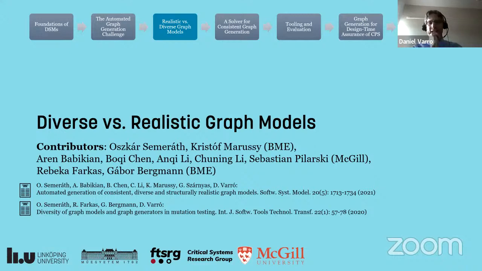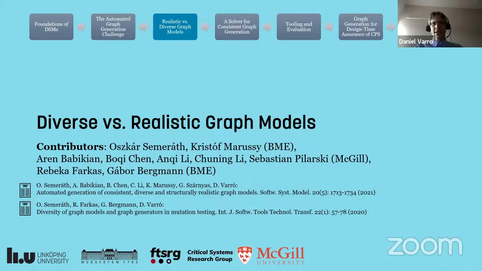Especially in the days when machine learning approaches are becoming that popular, we often hear that you need to take your samples from a realistic distribution.